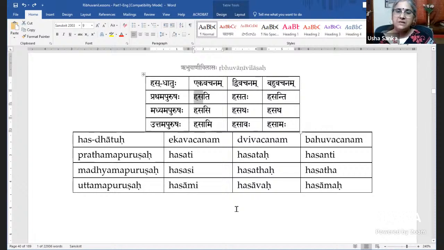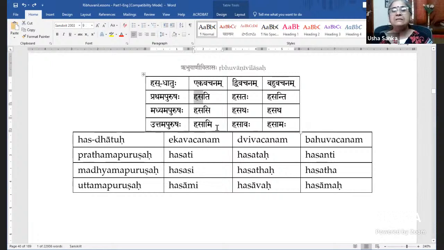And we have also studied about the groups of the dhatus, where sometimes in place of a we might get a ya. For example, nash. If we replace, all the forms can be learned. We need not learn each dhatu separately. They can be learned by replacing.